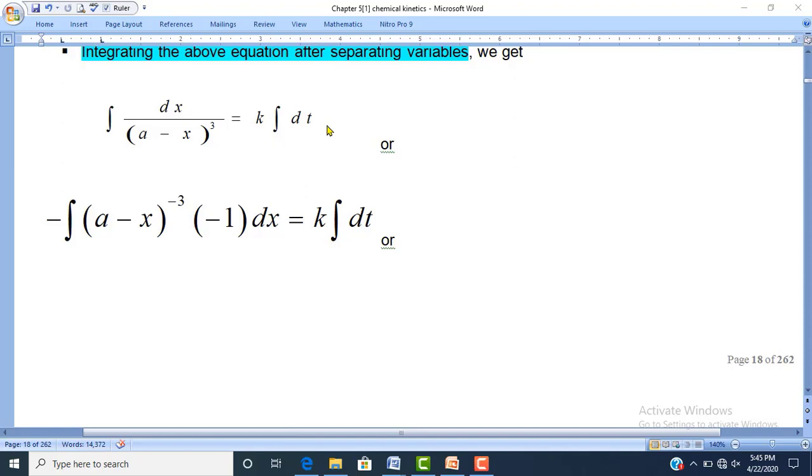Or you can write this equation according to the rules of integration: negative integral of (a minus x) cube into minus 1 into dx is equal to k into the integral of dt. This is the mathematical integrated form of the above equation.